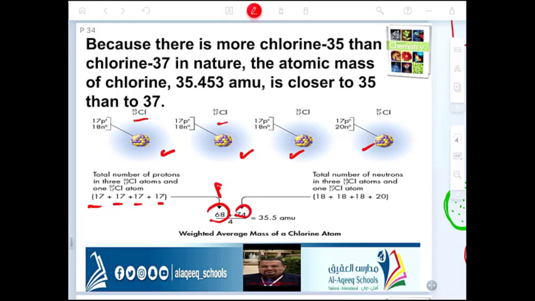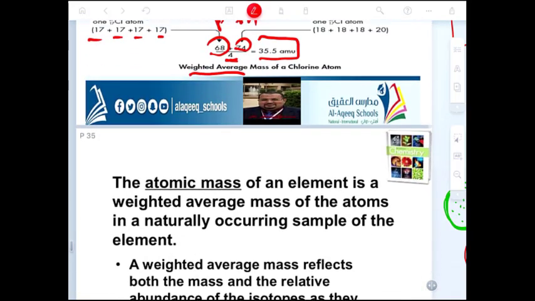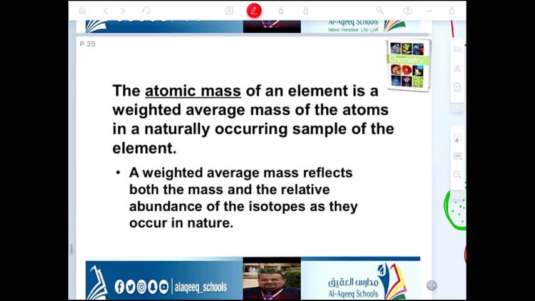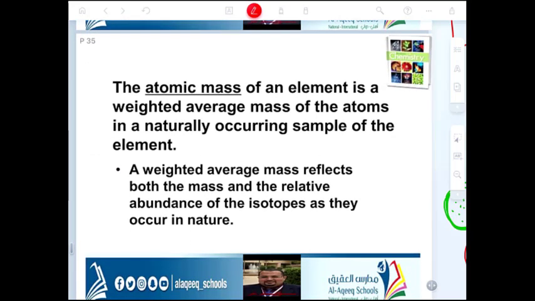Protons and neutrons give you the mass of the nuclei. Divided by 4 forms, you will get the average, but this method is not accurate. The atomic mass of the element is the weighted average of the masses of the naturally occurring atoms, but we need a method that refers to the abundance of each isotope.